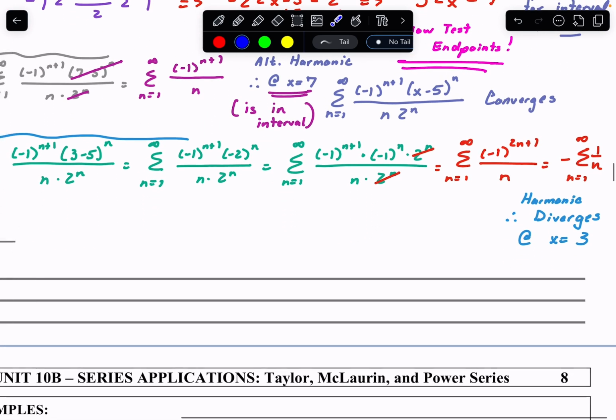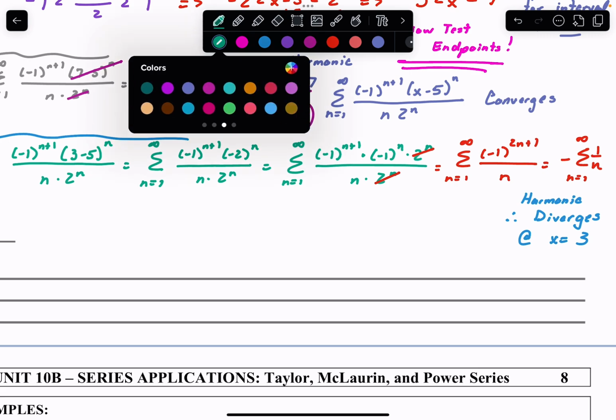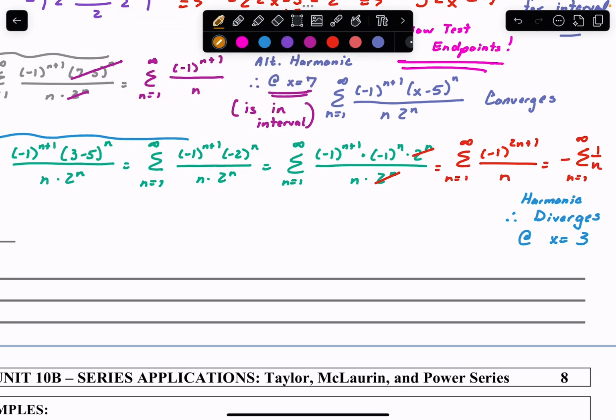So overall, after all that work, we can label our interval of convergence. I'm going to abbreviate that real quick. It started like this, but now I want to include the 7. I am not going to include the 3. But no matter what I did in terms of the interval, the radius stays the same.